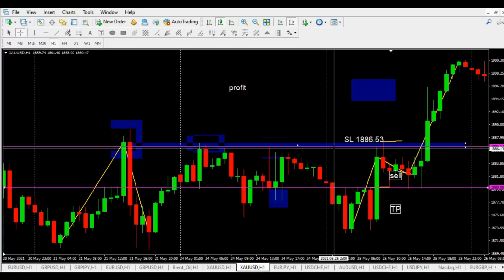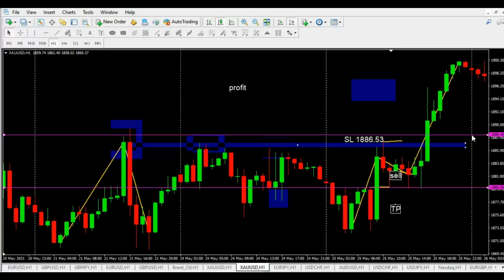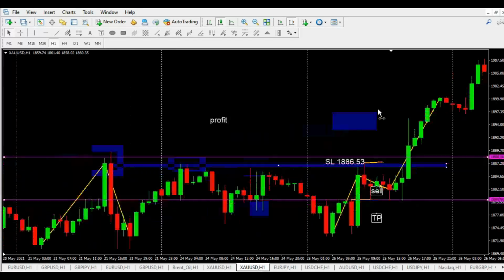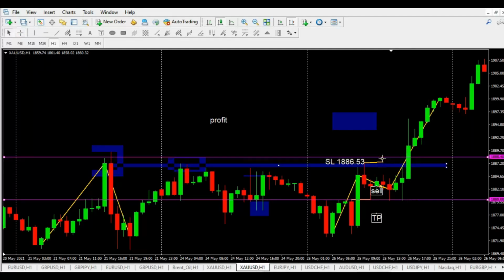It's safer than putting it too far, or maybe without any principle. Okay, this is the position when we take profit, and when we apply our stop loss, if the price goes up or breaks out, like this is a breakout.